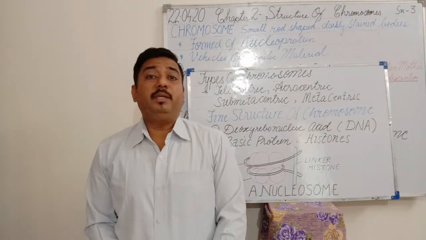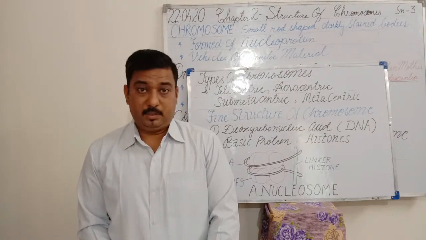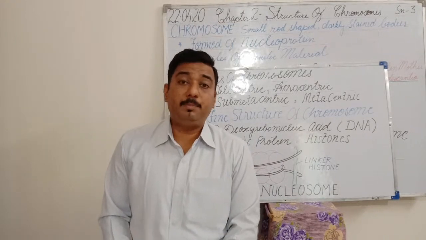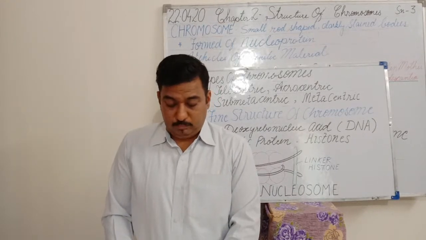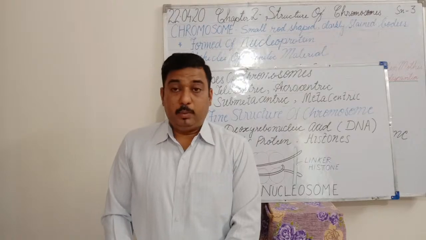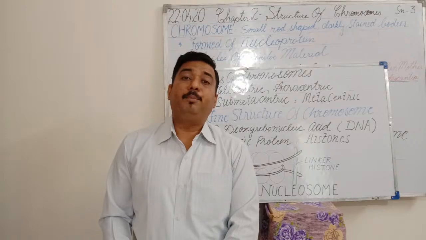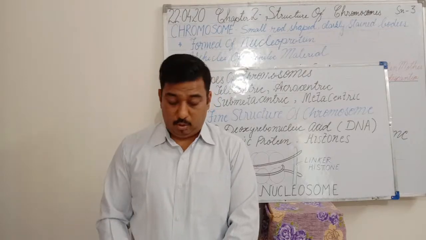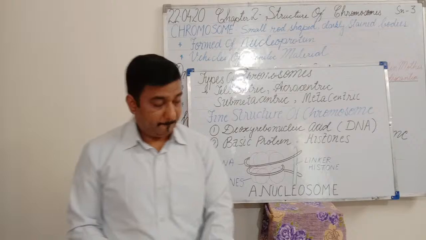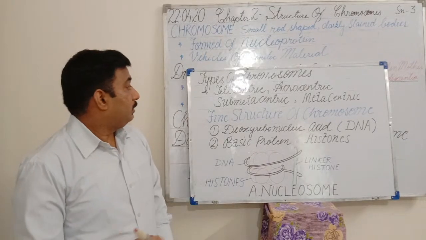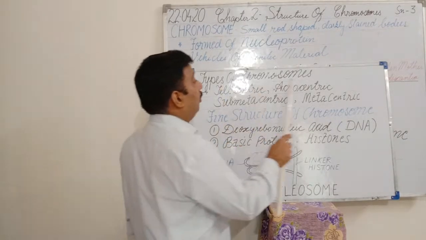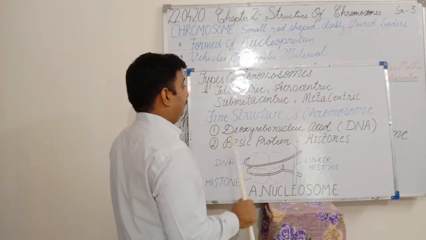Here the centromere will lie in the center, in the midpoint of the chromosome, with two equal arms. We will find both the arms of equal length. So this was all about the types of chromosomes. This is also very important.